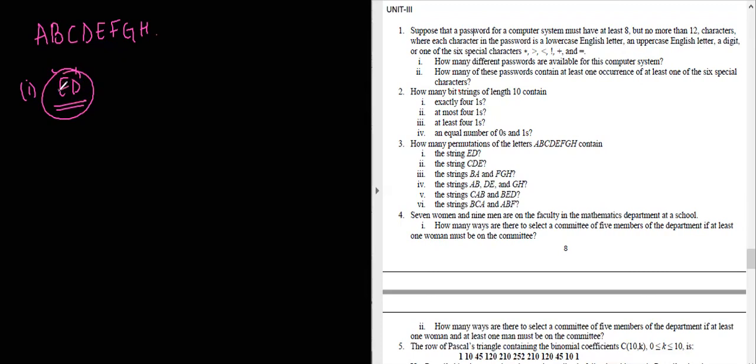We will consider ED as a package together. And what are the rest of the letters left? We have A, B, C, F, G, H. Now what are the total letters we have? 1, 2, 3, 4, 5, 6, 7. So the different permutations will be 7 factorial.